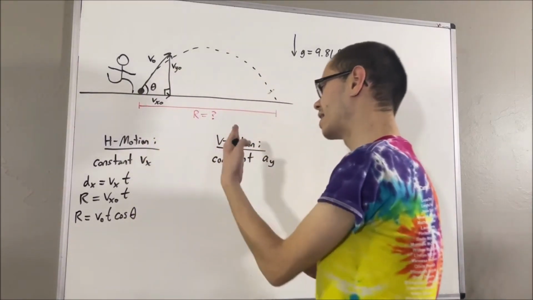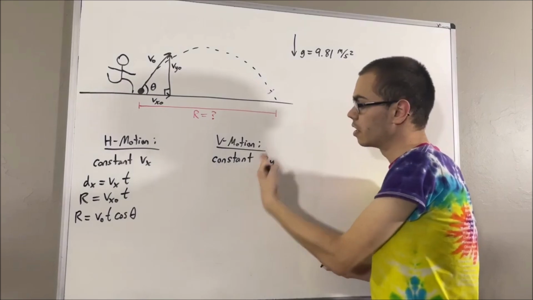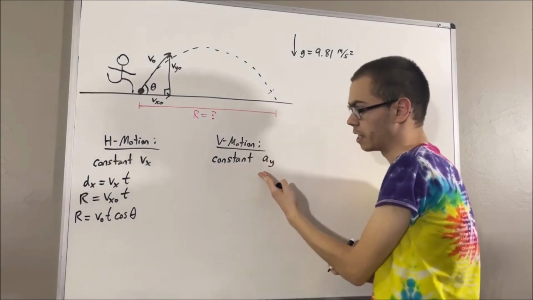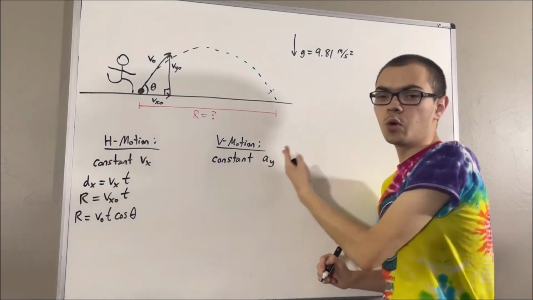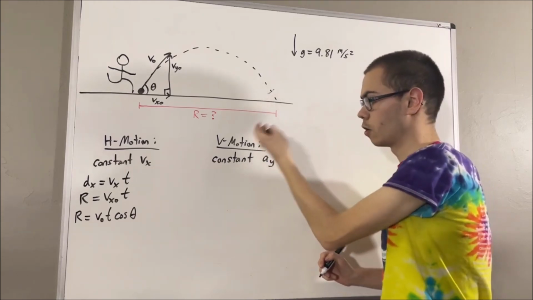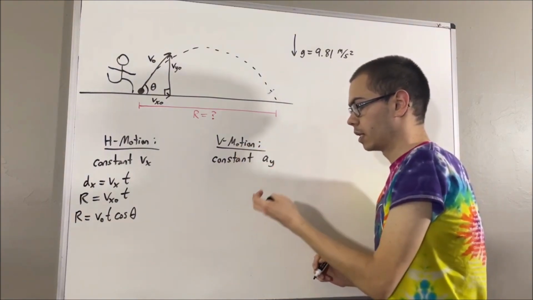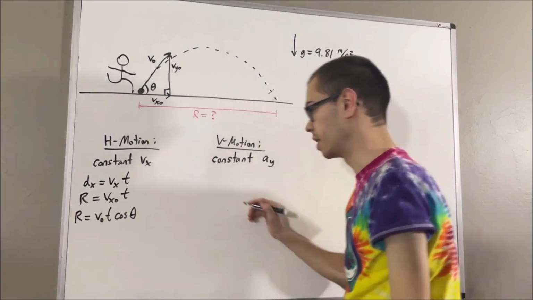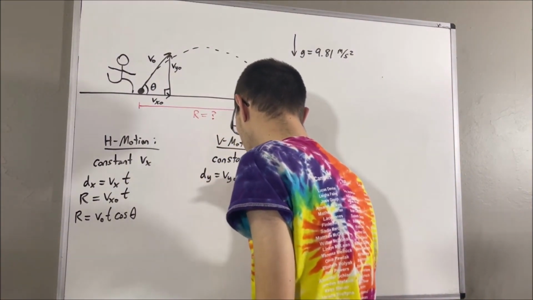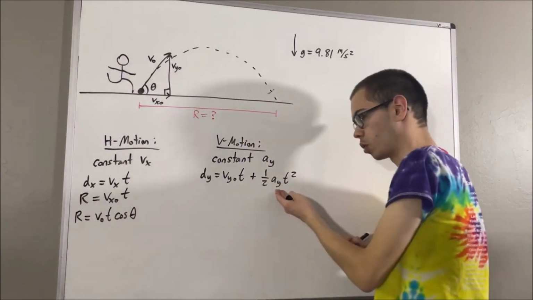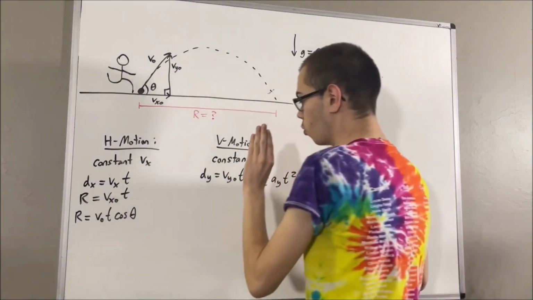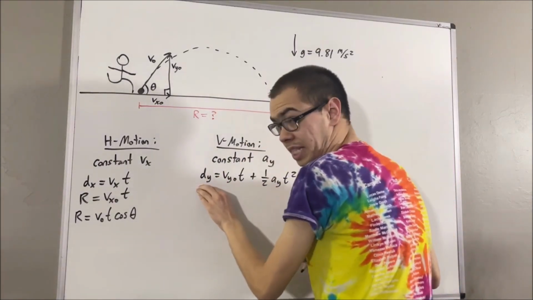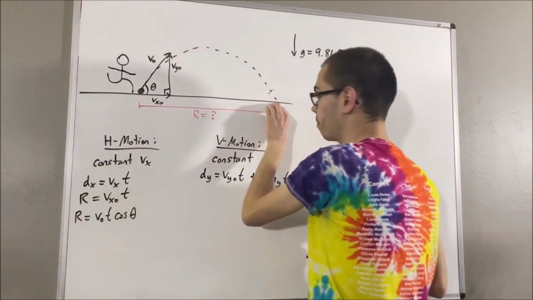So now let's analyze the vertical motion of the ball. Since we have constant acceleration in the vertical direction, we can use one of the kinematics equations for the vertical motion. And the kinematics equation that we're going to use is this one. Now, we're interested in the vertical displacement of the ball from here to here.